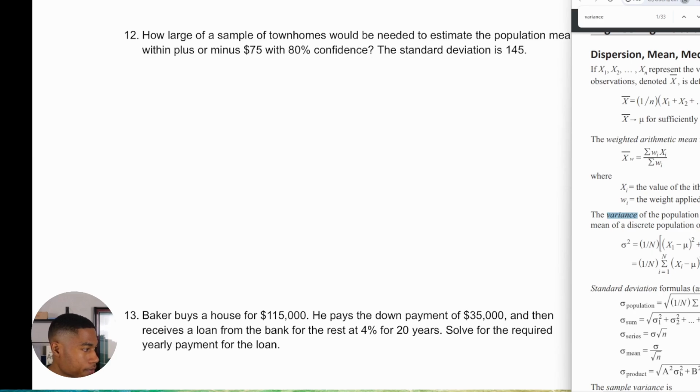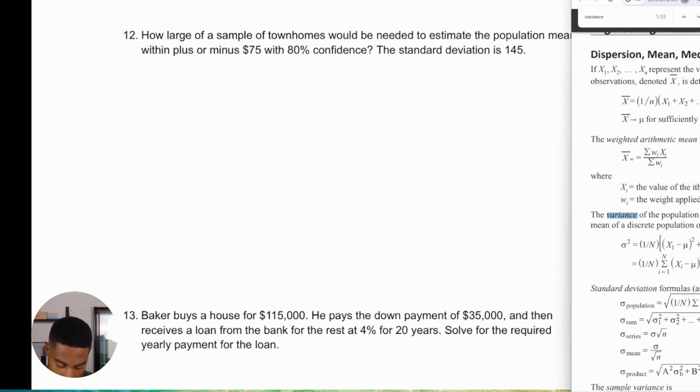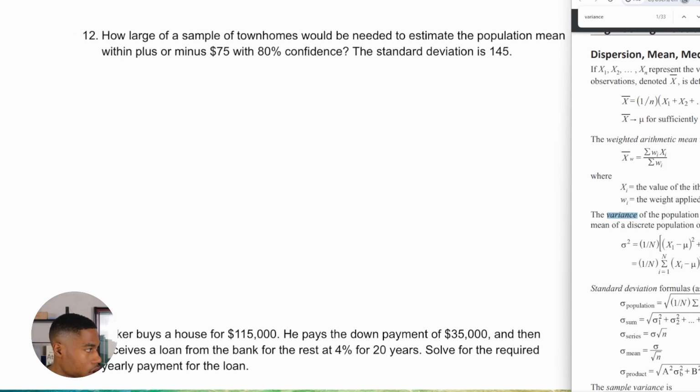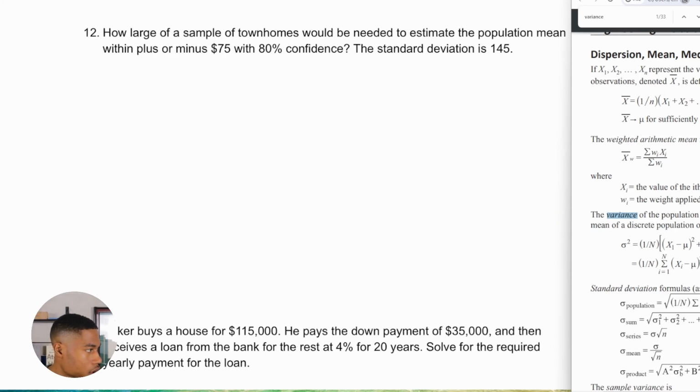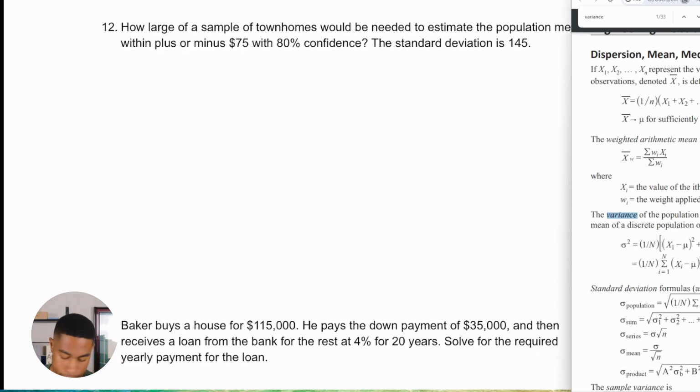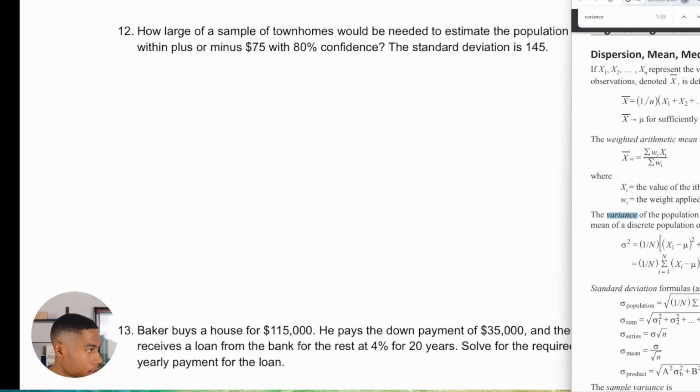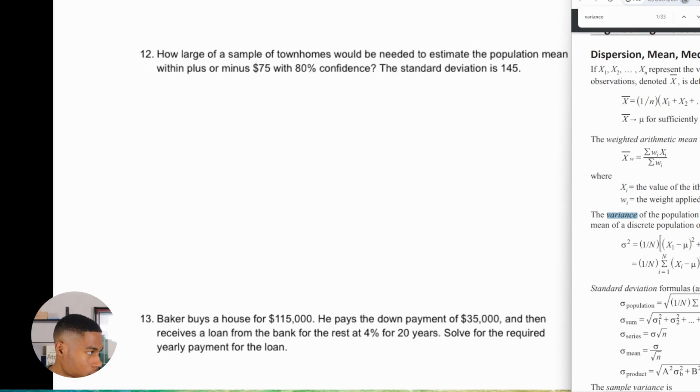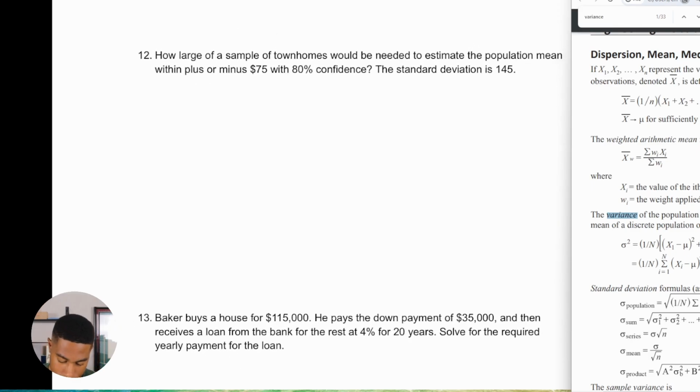All right, so for this one, how large of a sample of townhomes would be needed to estimate the population mean within plus or minus $75 with 80% confidence? Okay, the standard deviation is 145.